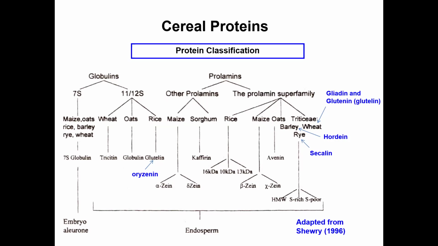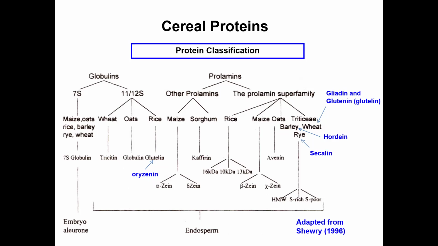Okay, so basically the globulins, you have 7S and 11S, sometimes 12S. In oats, it's 12S, for example. And in wheat, you have very little, the fraction of globulin is not big, so you hardly hear about them.